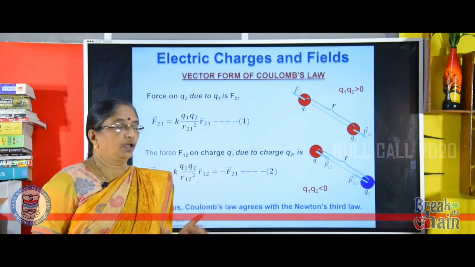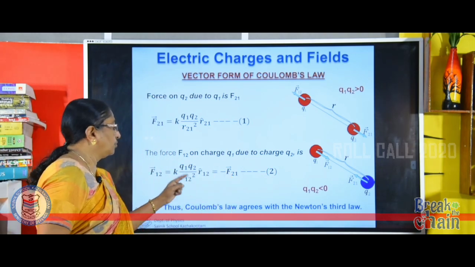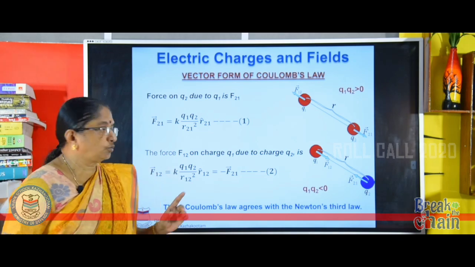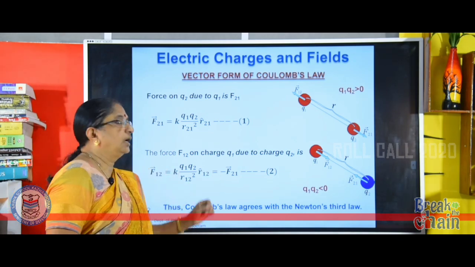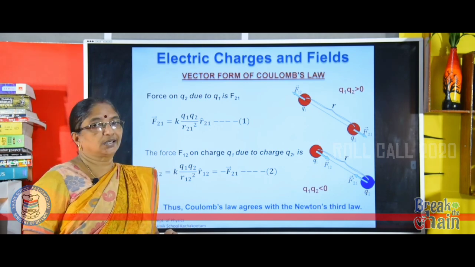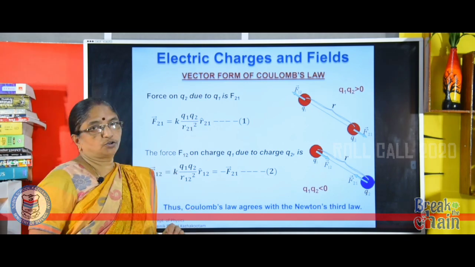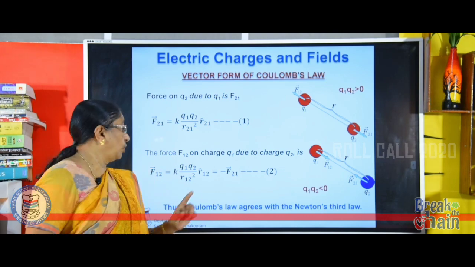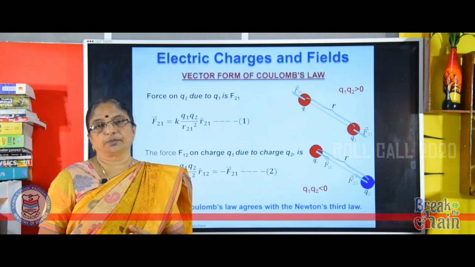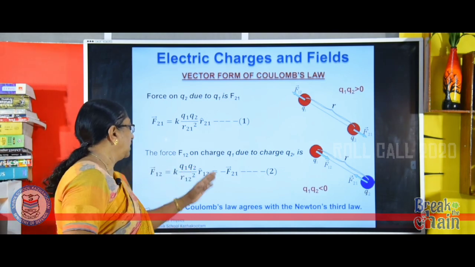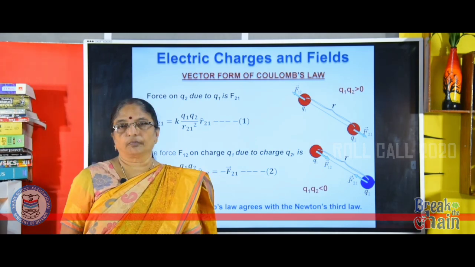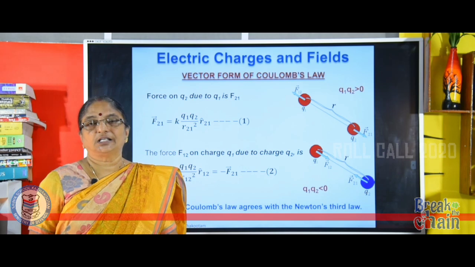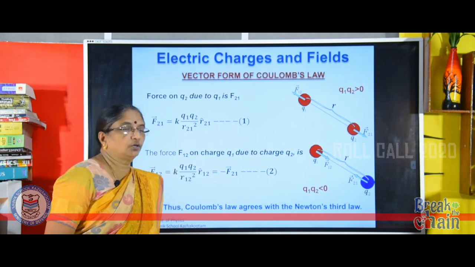they will attract. So F12 is equal to K into Q1 into Q2 by R12 square R12 cap. But the vectors R21 and R12 are equal in magnitude and opposite in direction, so we can write vector F12 equal to minus vector F21, which is as per Newton's third law.